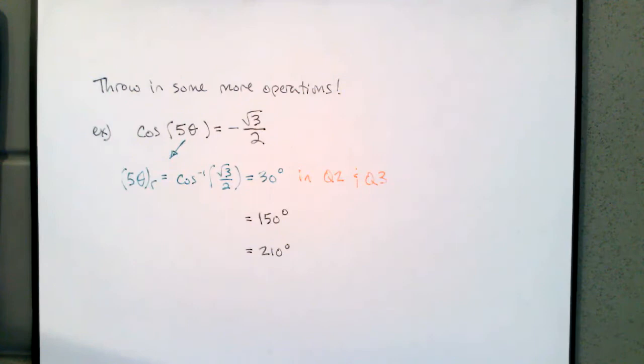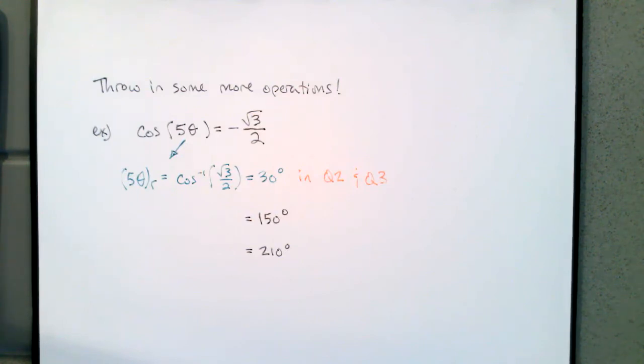Now we're at kind of a tricky thinking part. Are we going to divide by 5 yet, or are we going to add the period yet? I don't know how your mind is going to work this out, but this is the way that I think about it.